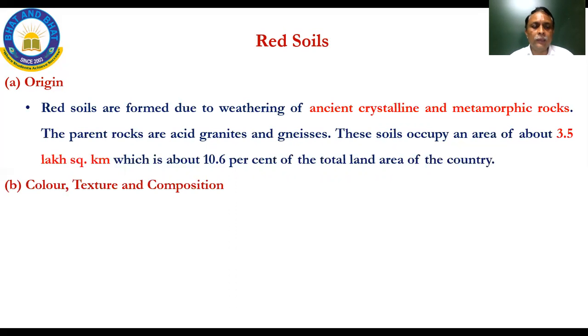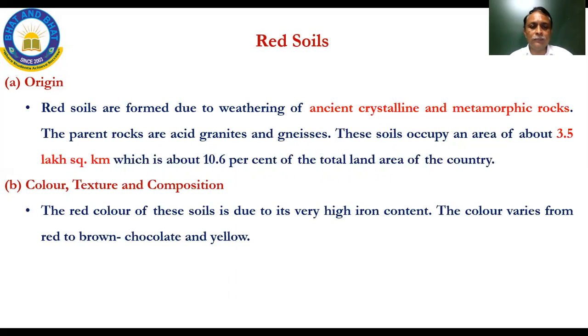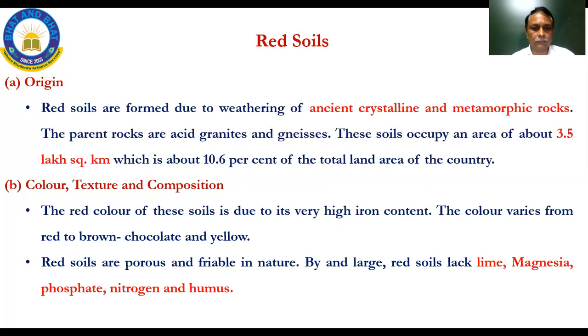Okay. Now, color, texture, and composition. The red color of these soils is due to its very high iron content. The color varies from red to brown, chocolate, and yellow. Red soils are porous and friable in nature.